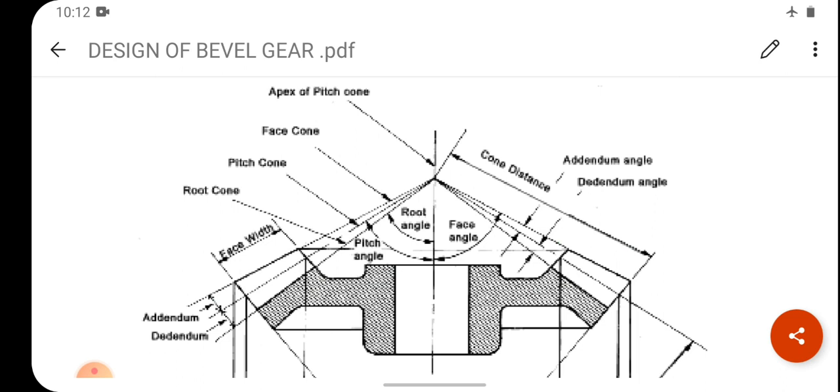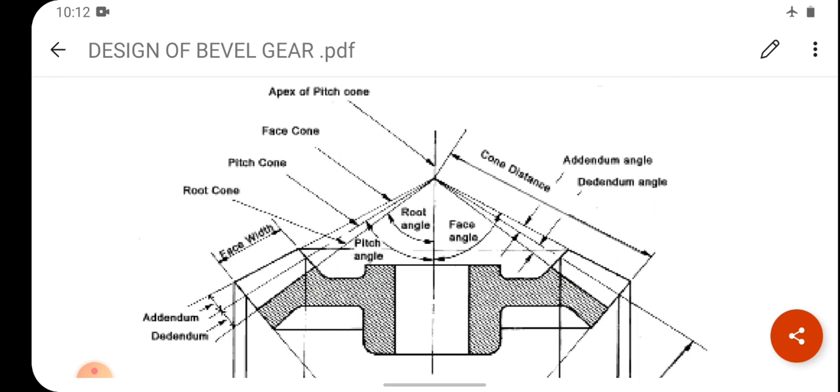There is a face width, and next is addendum and dedendum. Already know what is addendum, what is dedendum. Upper part of the tooth is known as addendum up to pitch circle, and below that dedendum. After that there is a clearance.